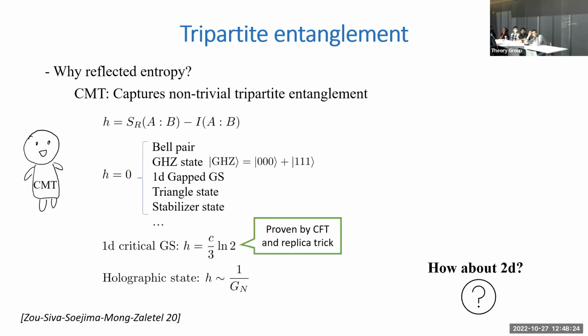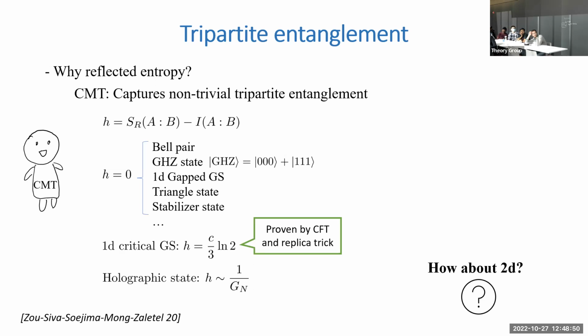But because I actually identify myself as a condensed matter person, today I'm going to talk more about this quantity from a condensed matter point of view. From the condensed matter perspective, it is interesting because it captures non-trivial tripartite entanglement.